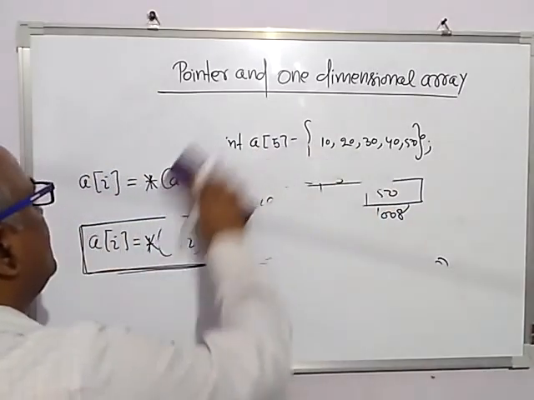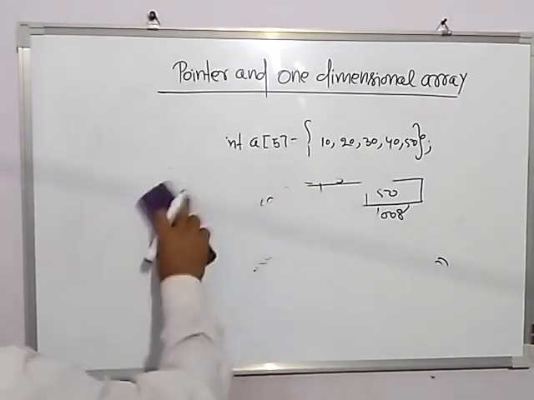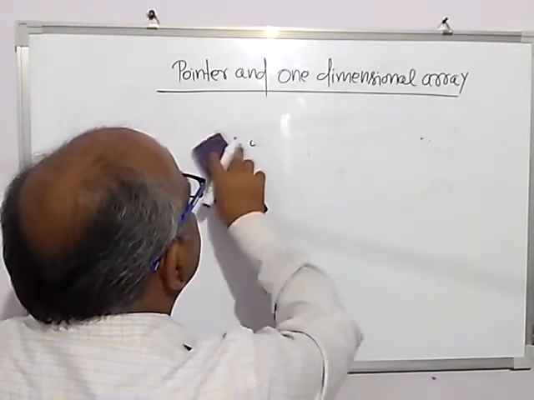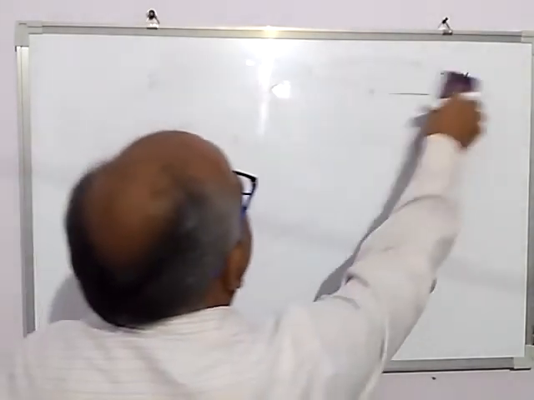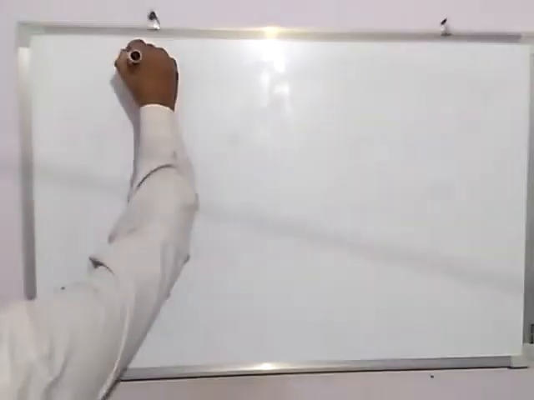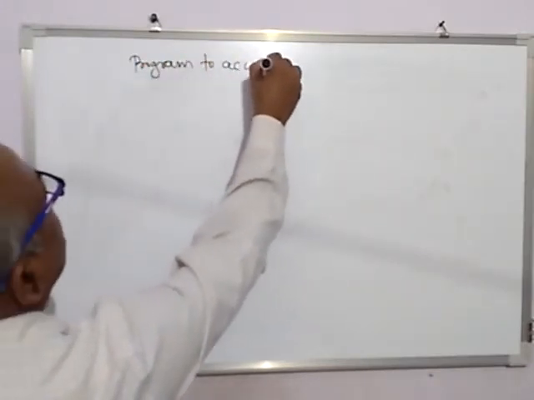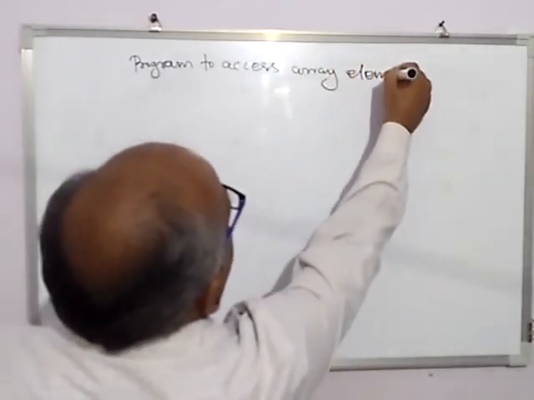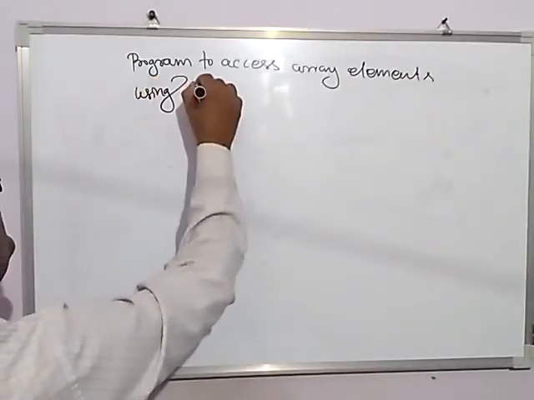Now you see how to access array elements using pointer to array. Program to access array elements using pointer.